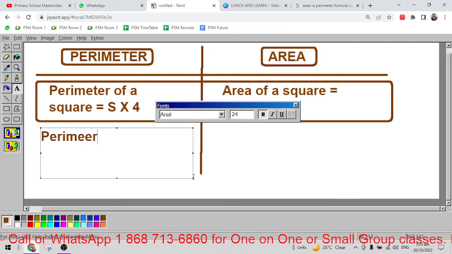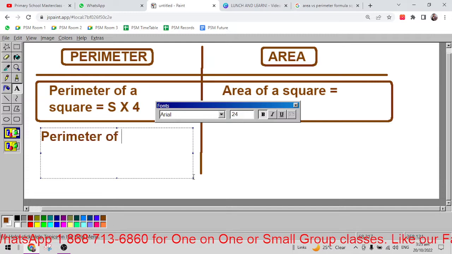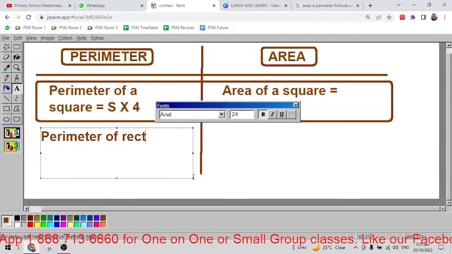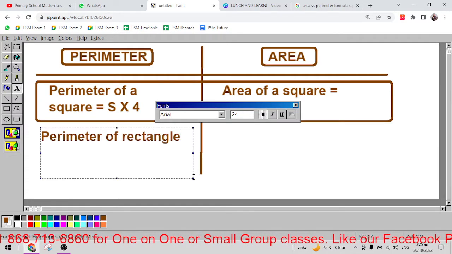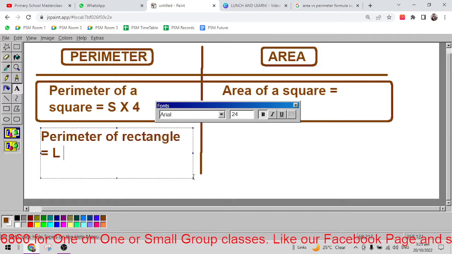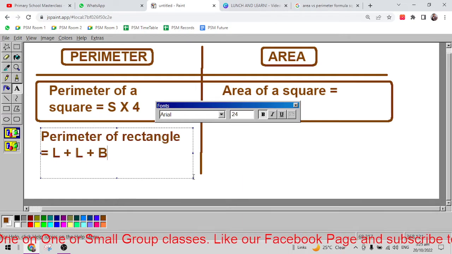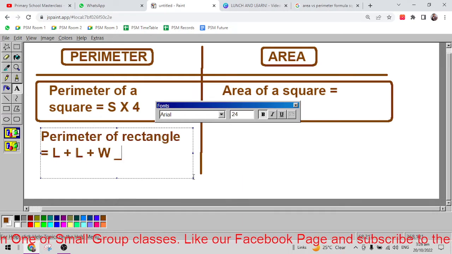Okay. Alright, that's one. Next one. Perimeter of a rectangle is equal to length plus length plus breadth or width plus width.